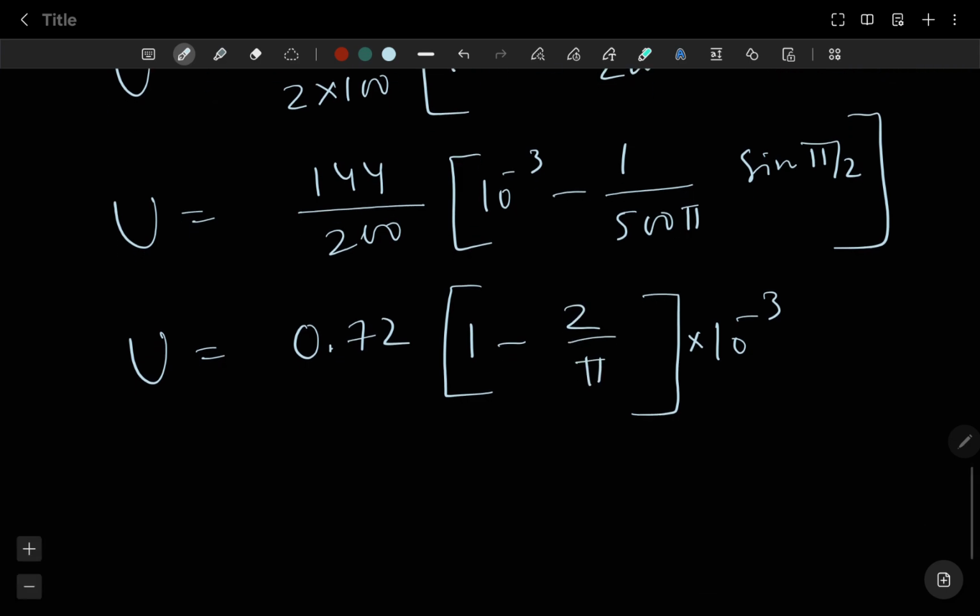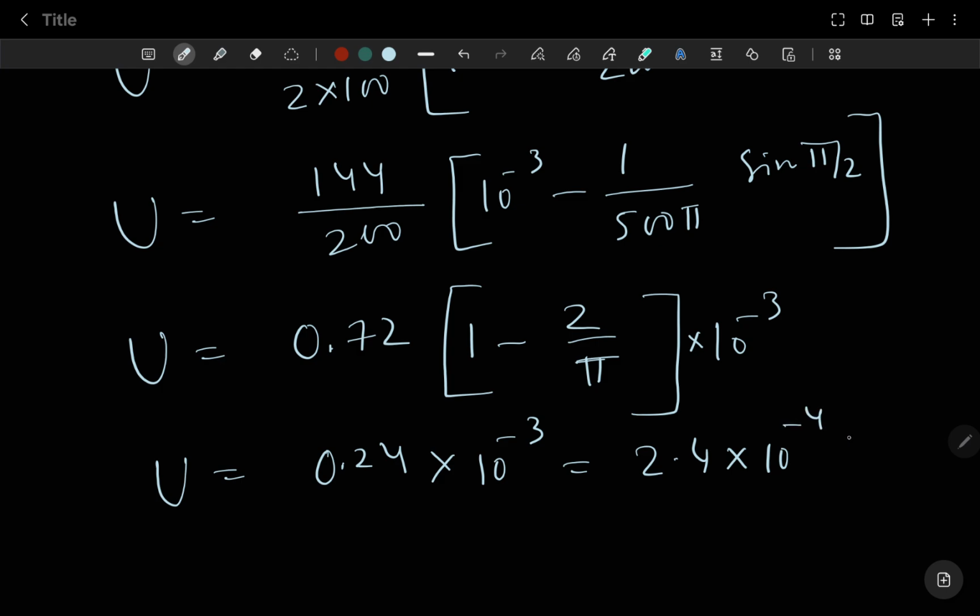So 2 by pi is nearly 2 by 3, so 1 minus 2 by 3 is 1 by 3. So it is 0.24 into 10 to the power minus 3, so it will be 2.4 into 10 to the power minus 4 joule. Okay, fine.